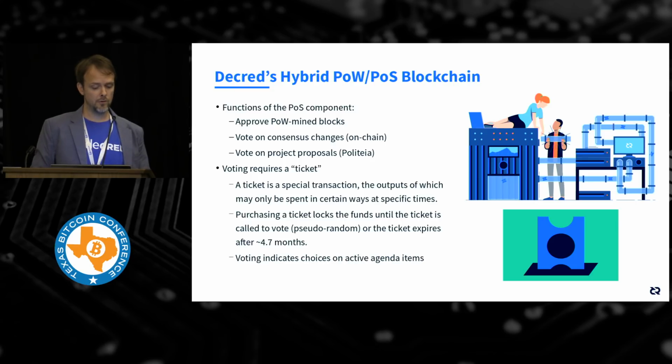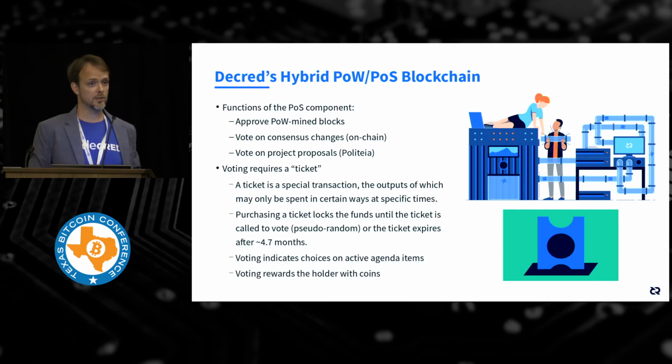The first thing voting does when you spend that ticket is indicate your choices on active agenda items. This can be the ongoing agenda, which is, do we approve that previous block? Or it can be other agenda items, like enabling Lightning Network features or changing an algorithm, something related to the consensus. And last but not least, and this is everyone's favorite, voting rewards the stakeholder who bought that ticket and locked up their coins with newly generated coins, and this is called stakebase.